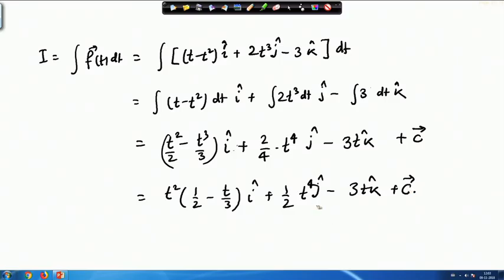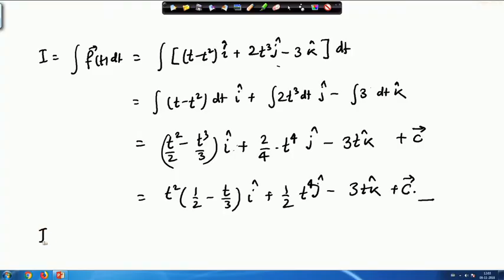So this is the required integral for the given vector function f(t), and as you can see, it's basically doing the integration of 3 scalar functions. You just send your integral to 3 different components, the components of i, j and k, and do the scalar integration. All right, so this is our required integral, and now we can calculate our definite integral.